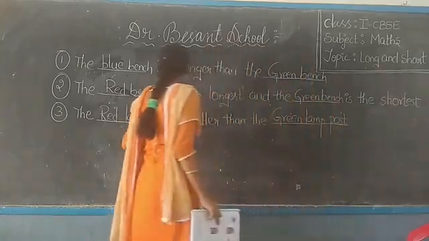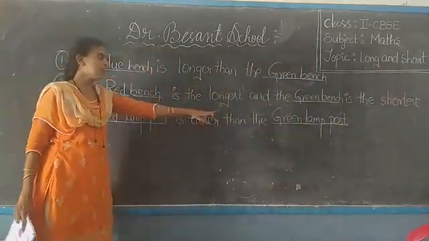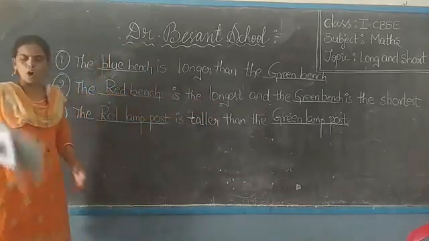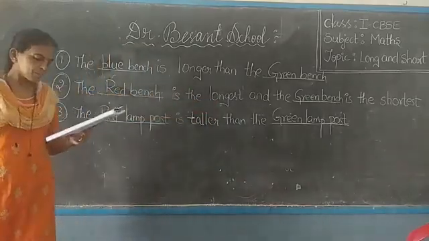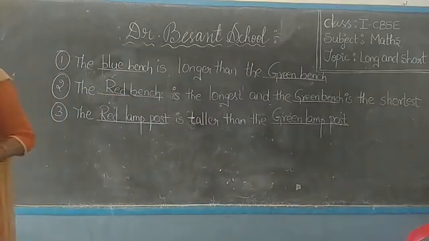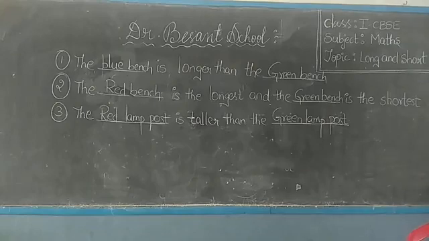Here the red lamp post is taller than the green lamp post. Okay. So children, while writing, please do have concentration. So write down by taking the blackboard as a support, so you can write without mistakes.